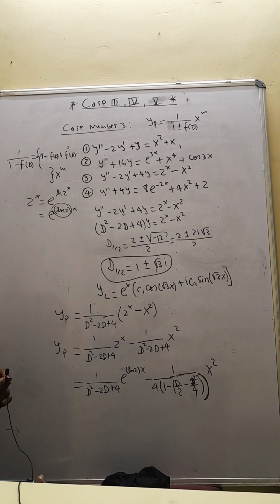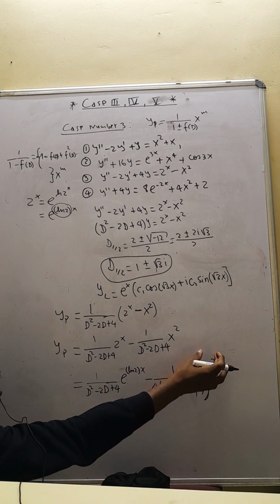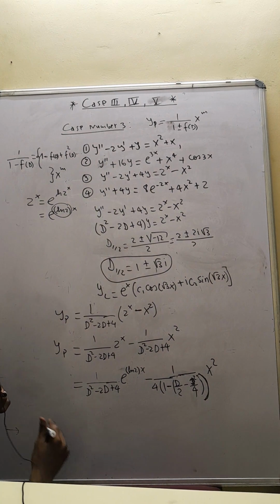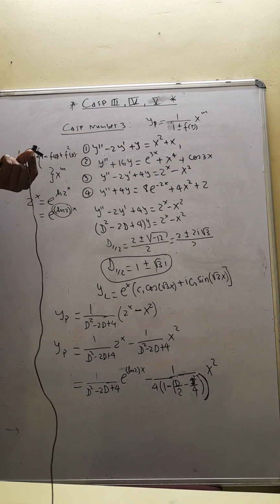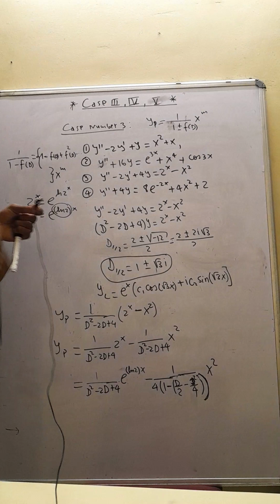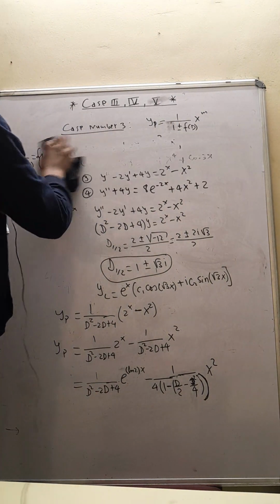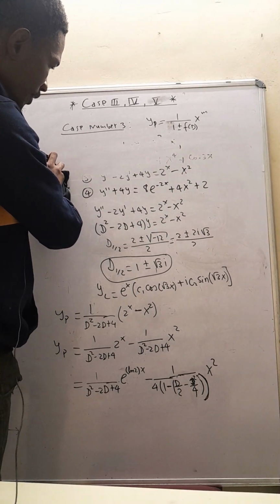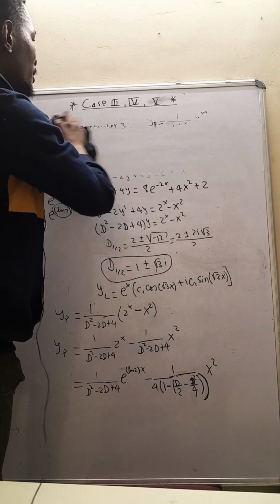Go up there. See, what is the order here? It is 2, okay? And just apply here. And that's all. Let me see whether I can erase something here. Yes, I can. Okay. No problem.